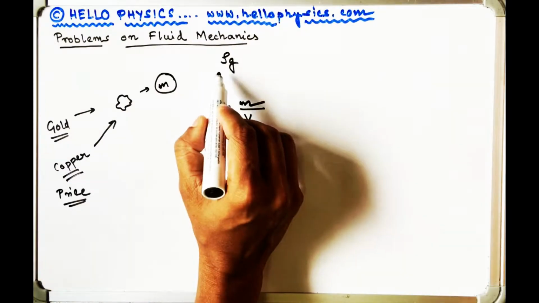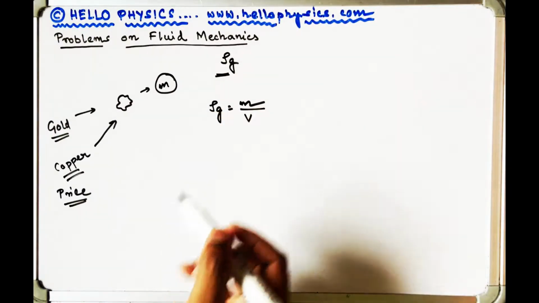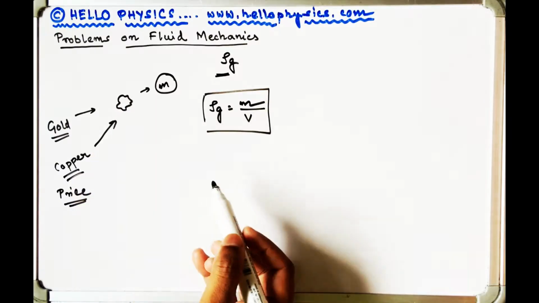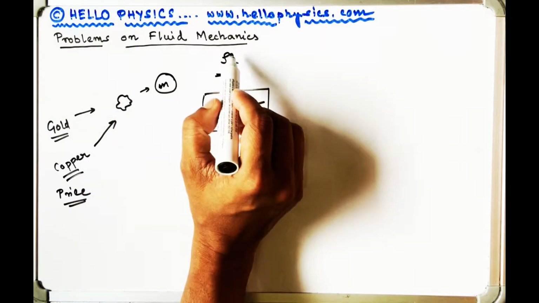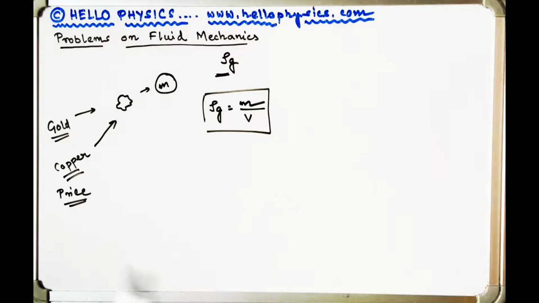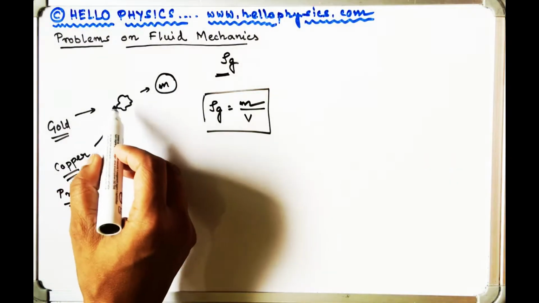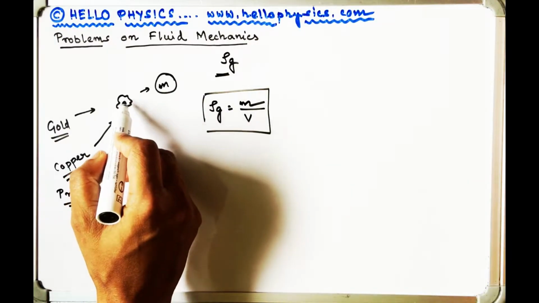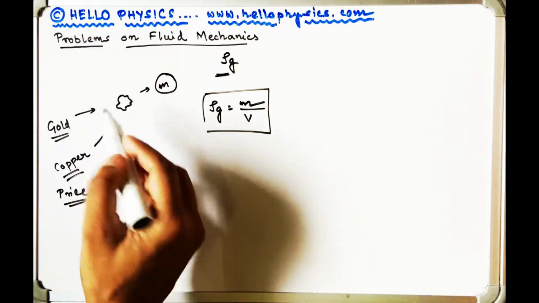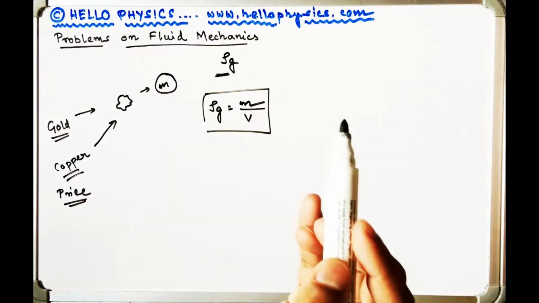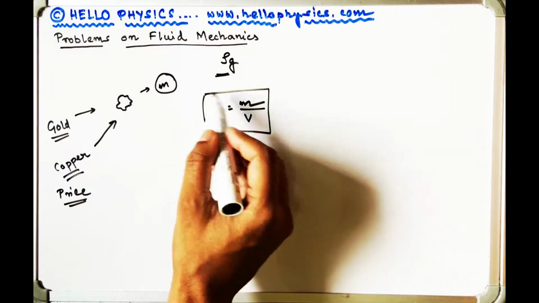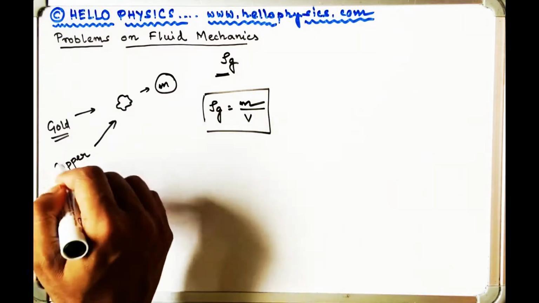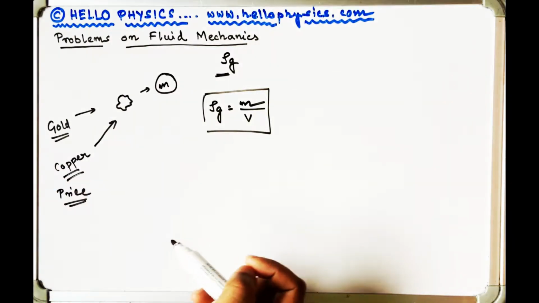Now you know the density of gold. If the measured density of this object is different from the density of gold, then it shows that apart from gold, there is some other metal present inside this object. If it is totally made of gold, then you must have M by V equal to the density of gold. If it is different, that means some other metal has been put inside.